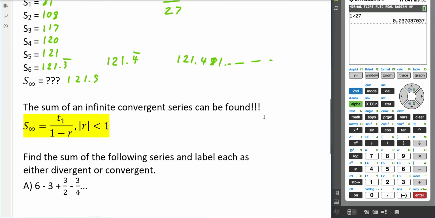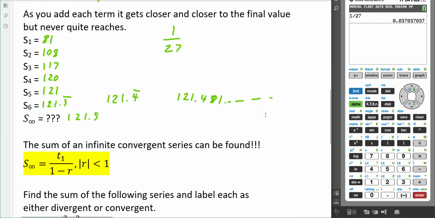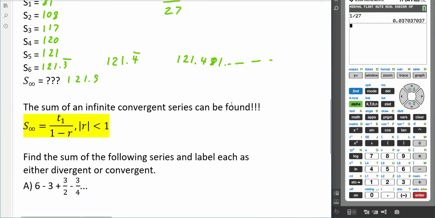However, this is just kind of guessing and checking and working closer and closer to that value. The real way to get it is this beautiful, wonderful, amazing, fantastic formula. This formula allows us to solve for the sum of an infinite series.